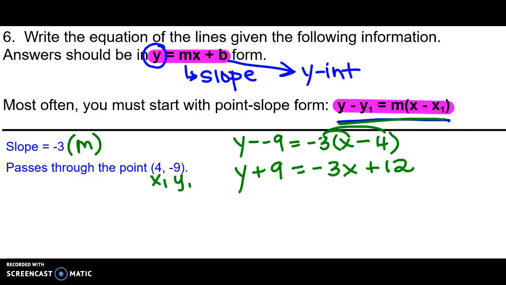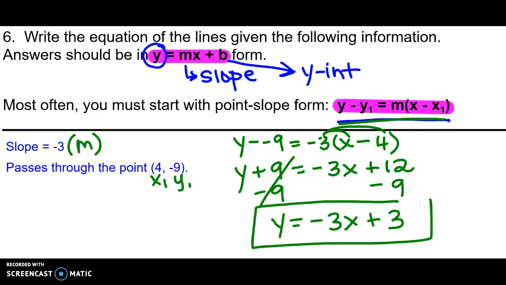Still, the goal is to get y alone. So we need to get rid of that +9, and to get rid of +9, we subtract 9 on both sides of our equation. Those 9's cancel each other out, and we're left with y equals -3x plus 3. And there's the equation of our line.